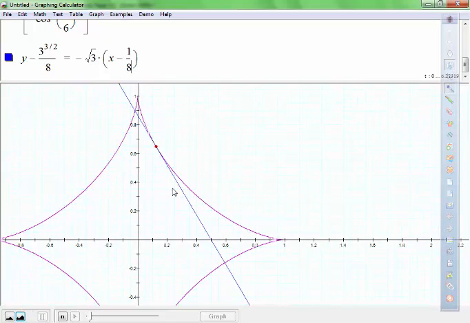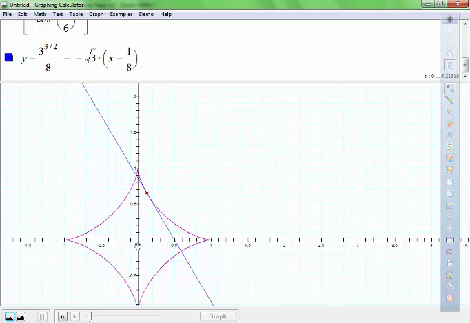So that looks fairly tangent, right? So that must mean we did it correctly. That's good.